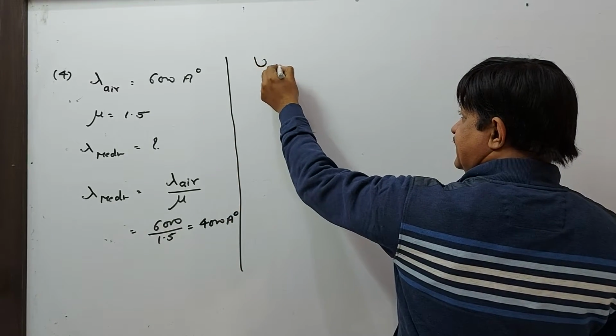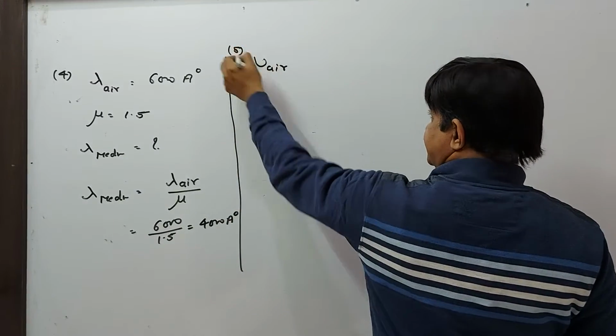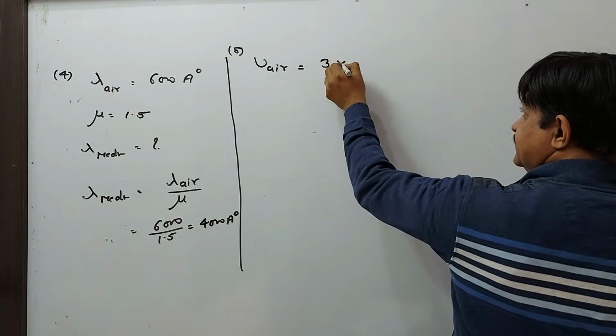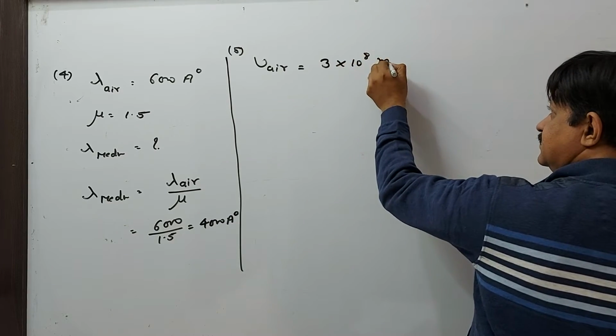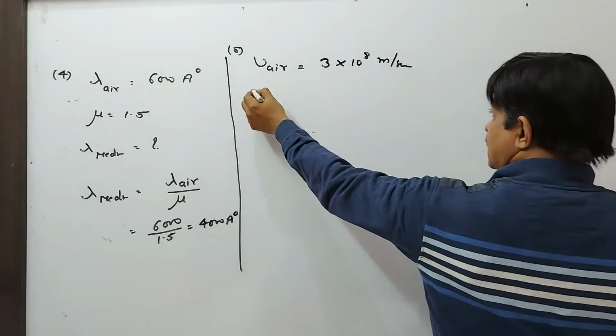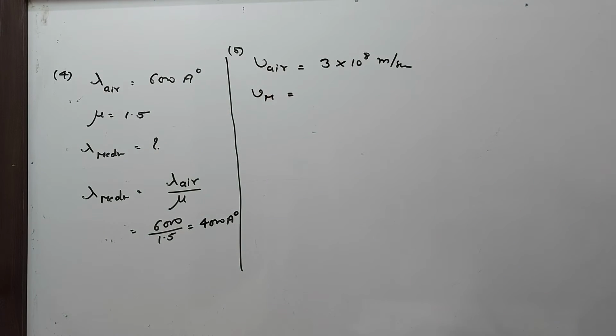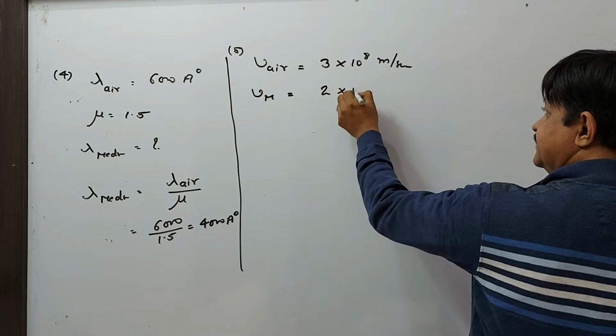Question number 5. Velocity in air is given as 3 into 10 raised to power 8. Velocity in medium is given as 2 into 10 raised to power 8.